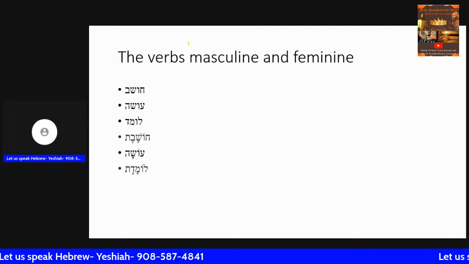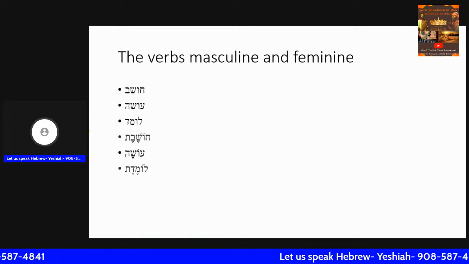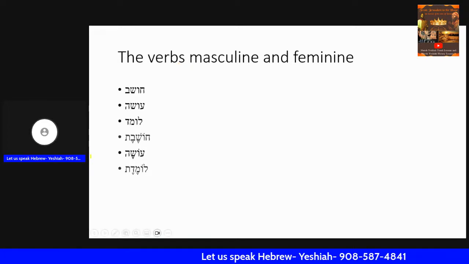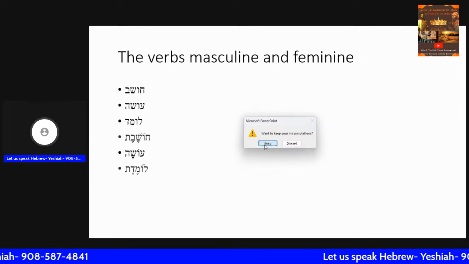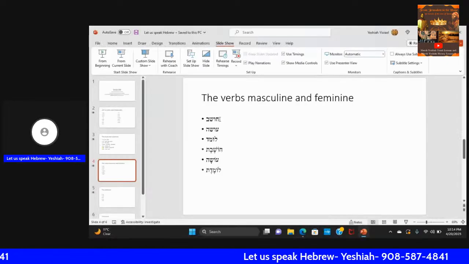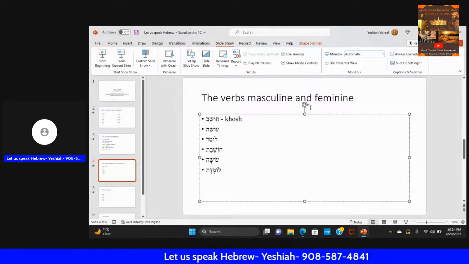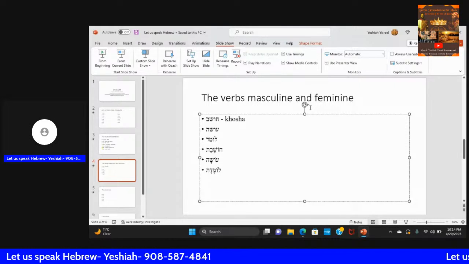Let's continue into the next slide. The verbs, masculine and feminine. So we want to, as before, show this in the most real time as possible. So here we have the word shave, thinking.